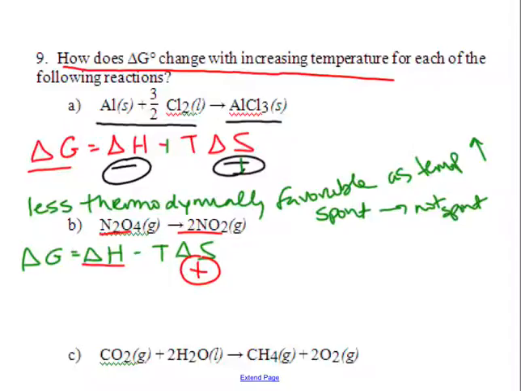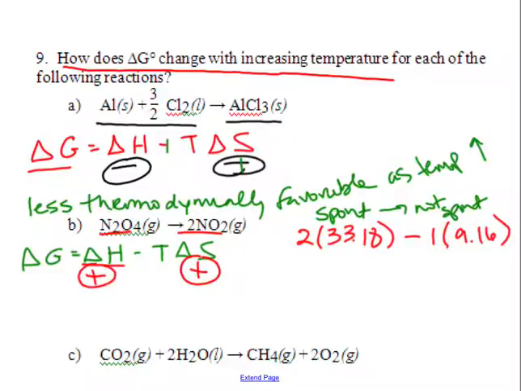You have your delta H's on the board, and it's going to be Big Mama: 2 times 33.18 minus 1 times 9.16. Is that going to be a positive or negative number? It's positive, correct?